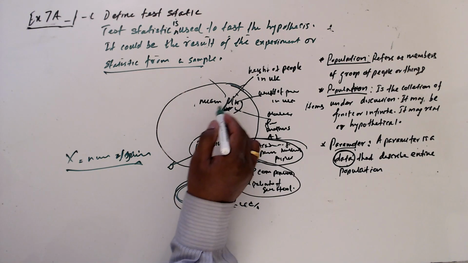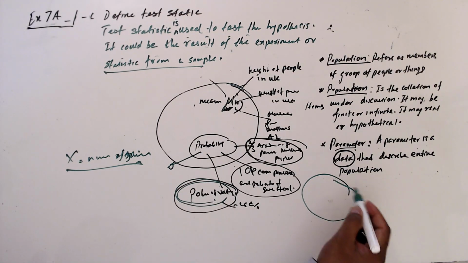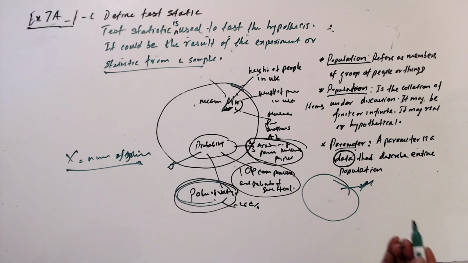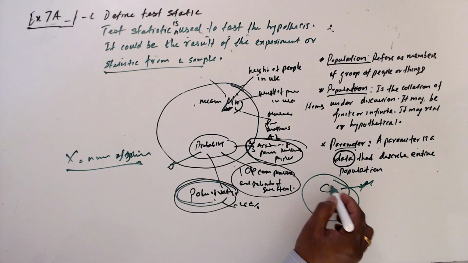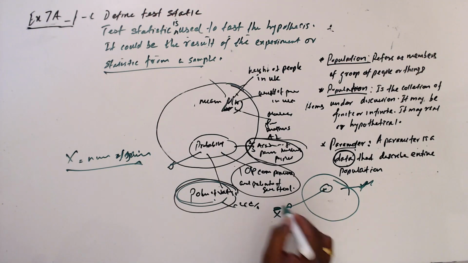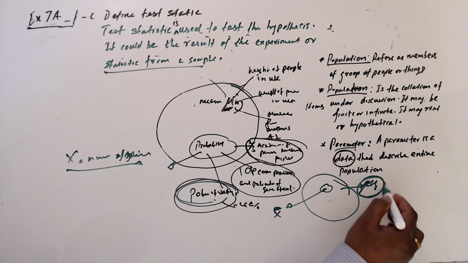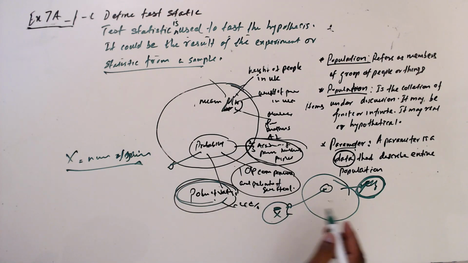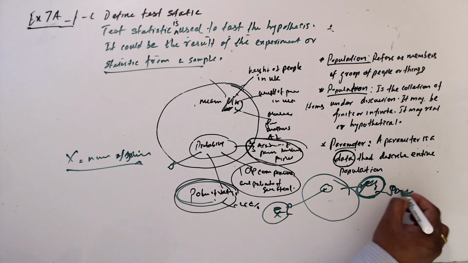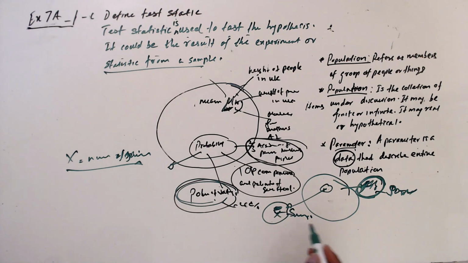For example, if we have a population, we can't measure the height of all people in England. It's so difficult. So we take a sample out of it. This sample statistic is X bar. Mu is the population mean, X bar is the sample mean, both are means. So the population mean is mu, the sample mean X bar.